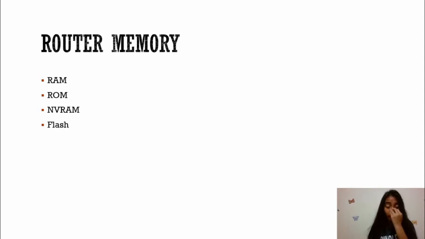So for the next one, we have the NVRAM. It is a non-volatile memory again, but it is used for permanent storage of the startup configuration, or the startup-config. For the next one, we have the flash.